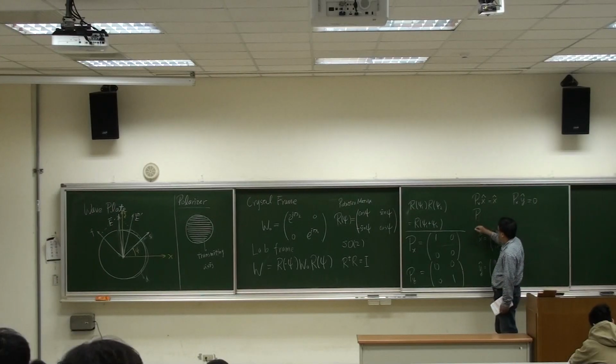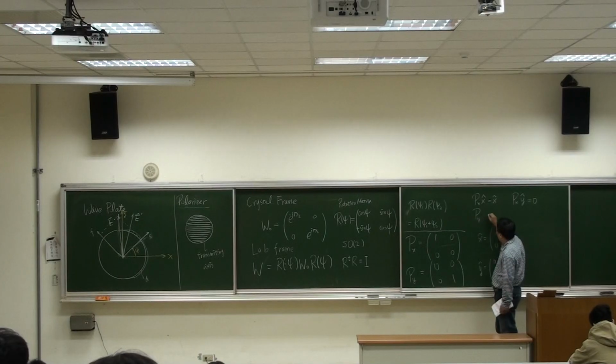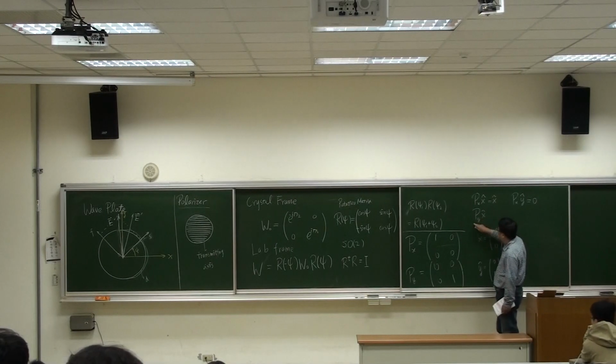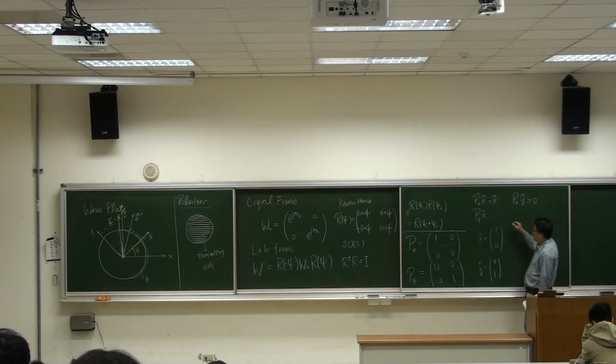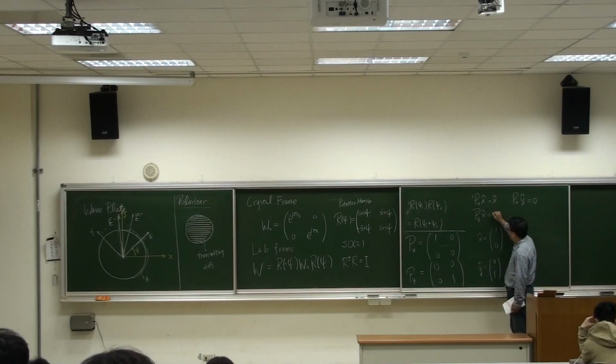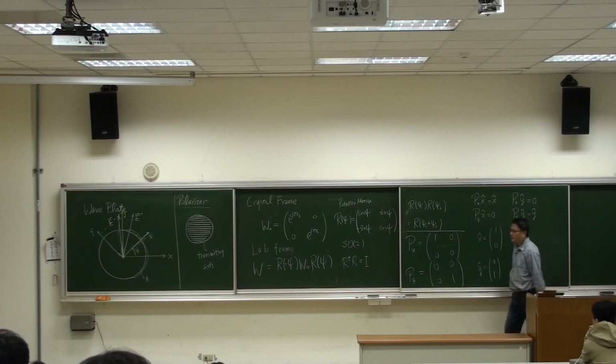Similar results apply to the y polarizer. You can multiply the y polarizer to the x polarization and get 0, and the y polarizer times the y polarization gives y polarization. Okay?